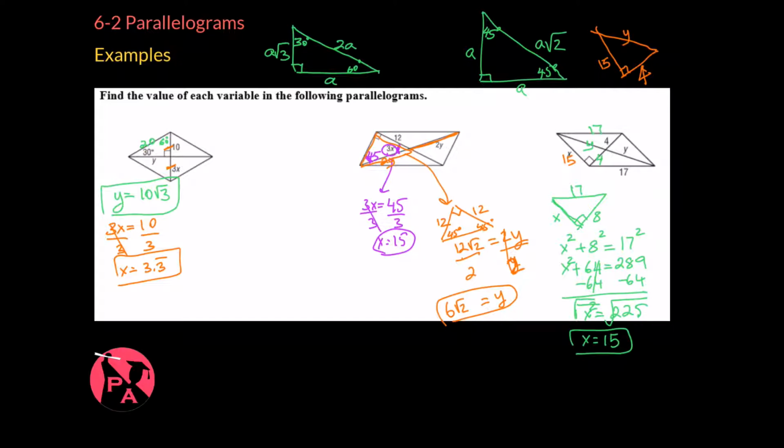Now if we do Pythagorean theorem for this triangle, what we have is 15 squared, square the legs, add them together, it equals hypotenuse squared. 15 squared is 225, 4 squared is 16, y squared stays the same.